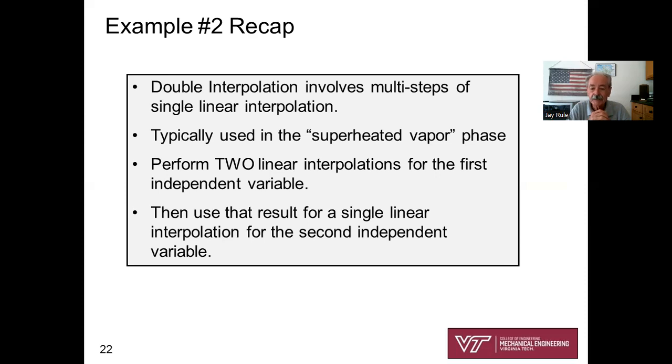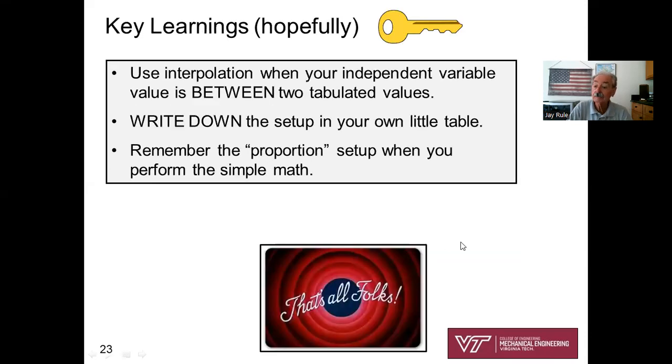So you're typically going to find this in the superheated vapor phase of either H2O, propane, refrigerant, ammonia, those types of phase change substances. You're going to perform 2 linear interpolations for the first independent variable, and then you're going to use the results of that work for a single linear interpolation for the second independent variable. Okay, so I declare you excellent, skilled interpolators.